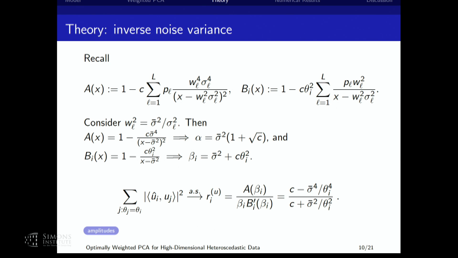I'll also multiply by the average noise variance just to have something that looks familiar at the end. So if we just plug this into our A and B, we see that we have some nice cancellation with sigma squared. We get a much simpler form of both A and B. And then the root of these two rational functions is also straightforward to calculate.